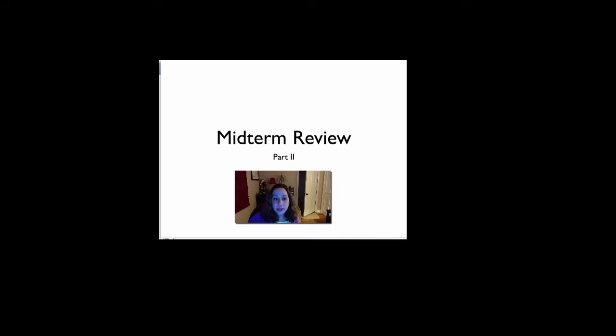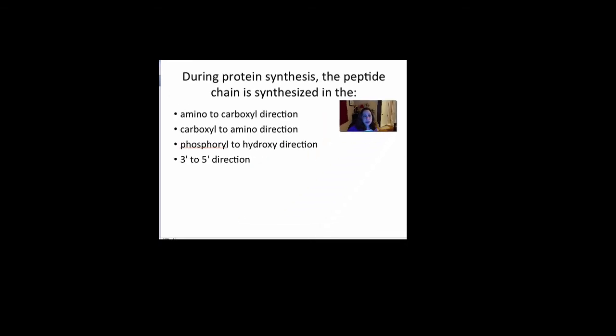Okay, we're going to start out with the second part of our midterm post-exam review, and we're going to move on to the next question. So during protein synthesis, the peptide chain is synthesized in the, and if you look at these answers here, you should immediately be able to cross off the 3' to 5' direction, because 3' to 5' is specifically a nucleic acid term.